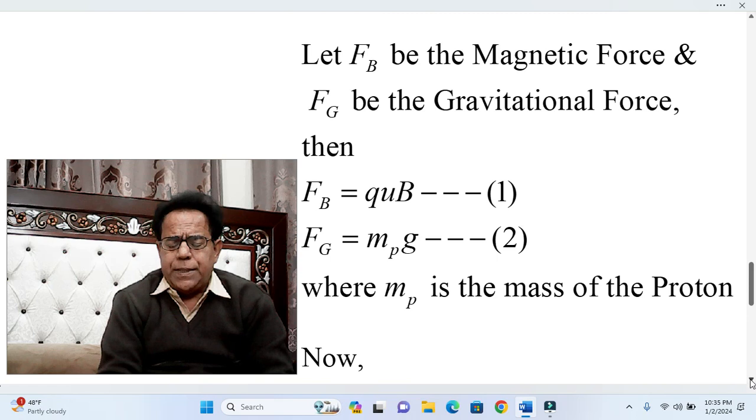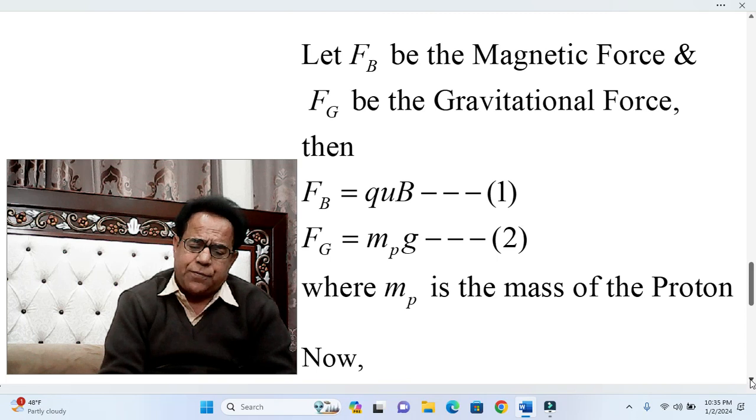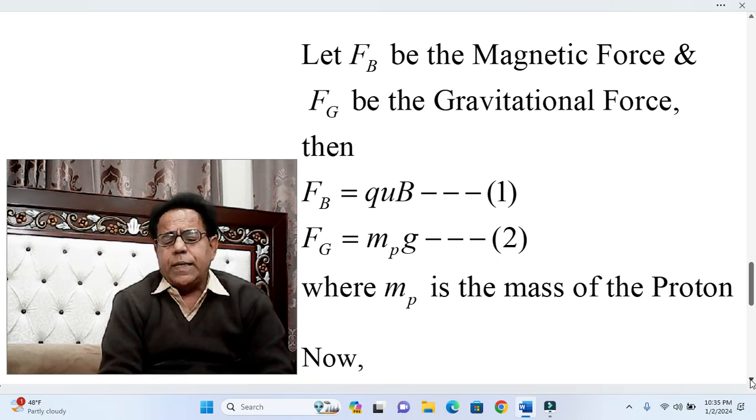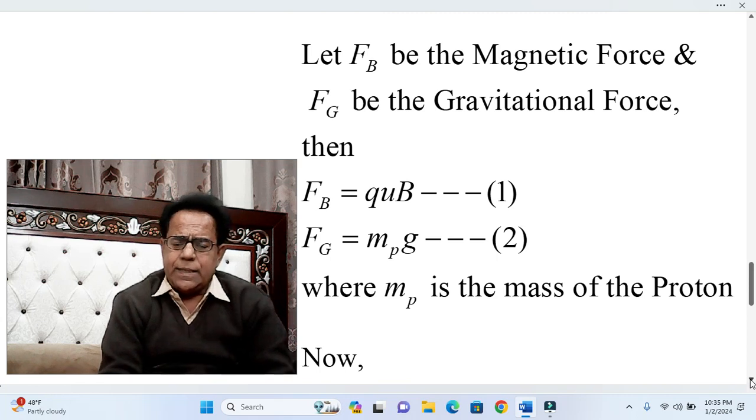Here capital B is written as a subscript of capital F because B denotes magnetic field. This is the magnetic force, that is why Fb. Similarly, capital G is a subscript of capital F, as G denotes gravitational force, hence Fg.